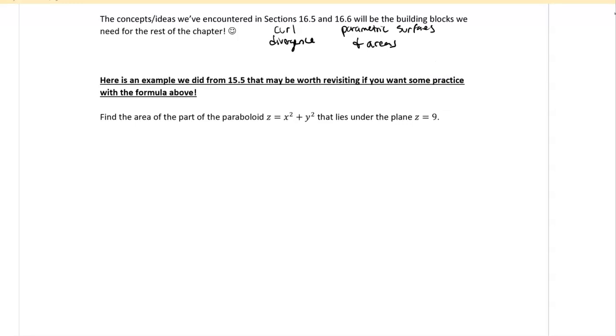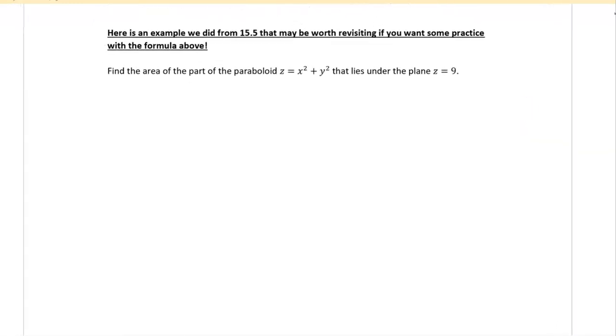In case you wanted to re-look at this, I'm going to do a problem similar to something we did in 15.5, just so we can practice using the formula. So we're going to find the area of the part of the paraboloid z equals x squared plus y squared that lies under the plane z equals 9.